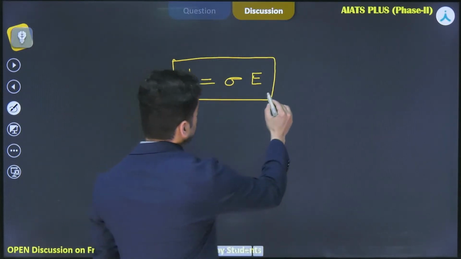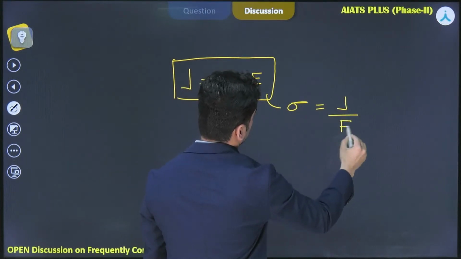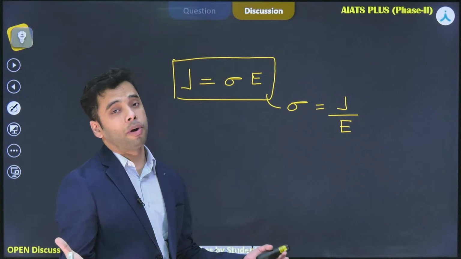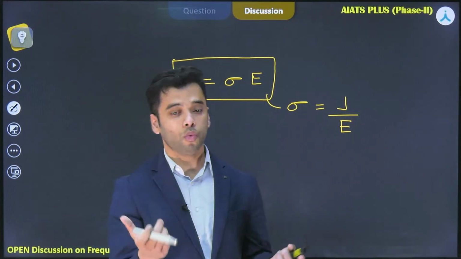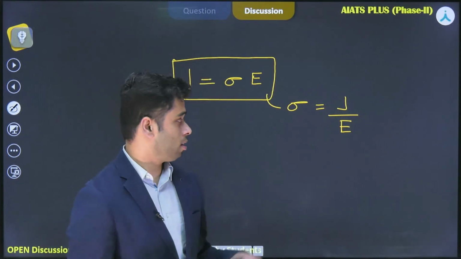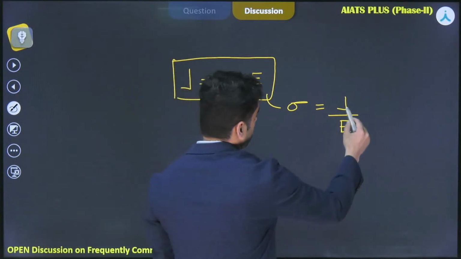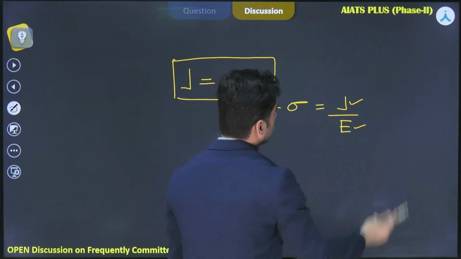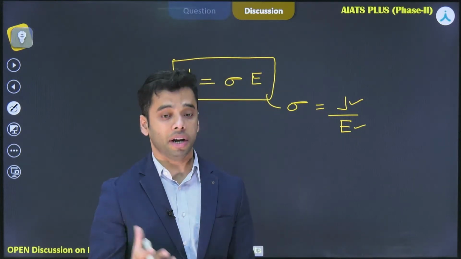Now if I modify this equation, sigma can be written as J by E. Now this sigma is a property of the material, and if we are talking about one conductor only, then this sigma is also going to remain constant. Now since sigma is going to remain constant, it means that if J is changing, then the electric field has to change also, so that this constant ratio is maintained, right?